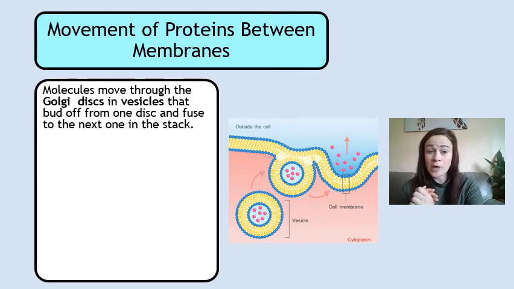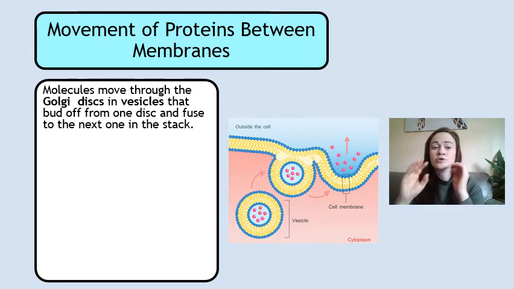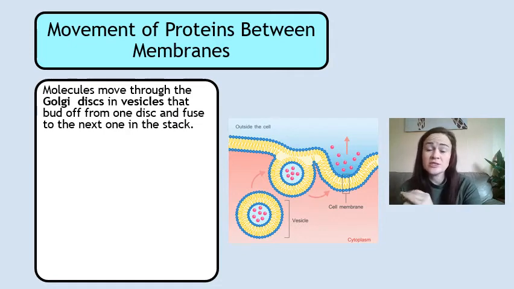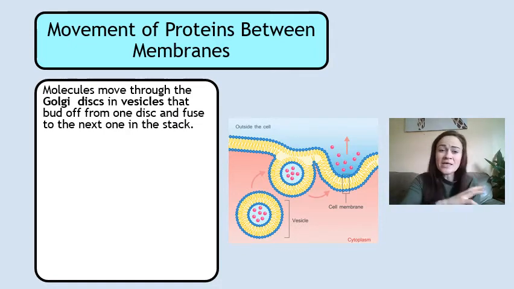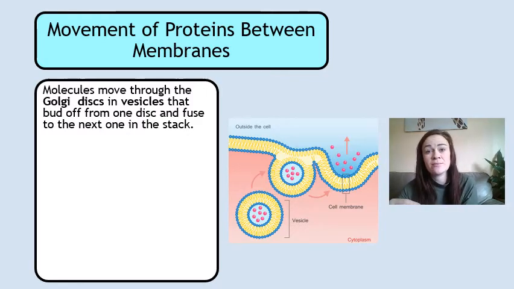Remember, the whole purpose of our molecules traveling through these Golgi discs is post-translational modification. As the proteins move through the discs, enzymes will be catalyzing reactions to change the actual structural formation of that protein.